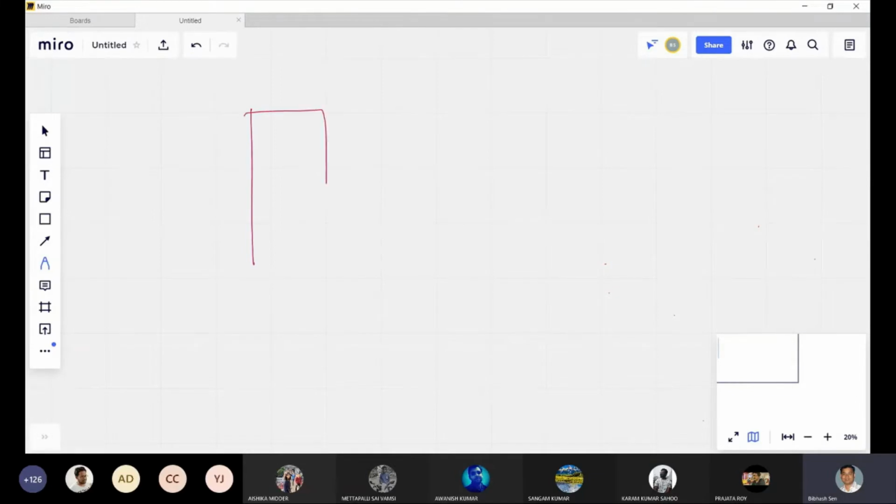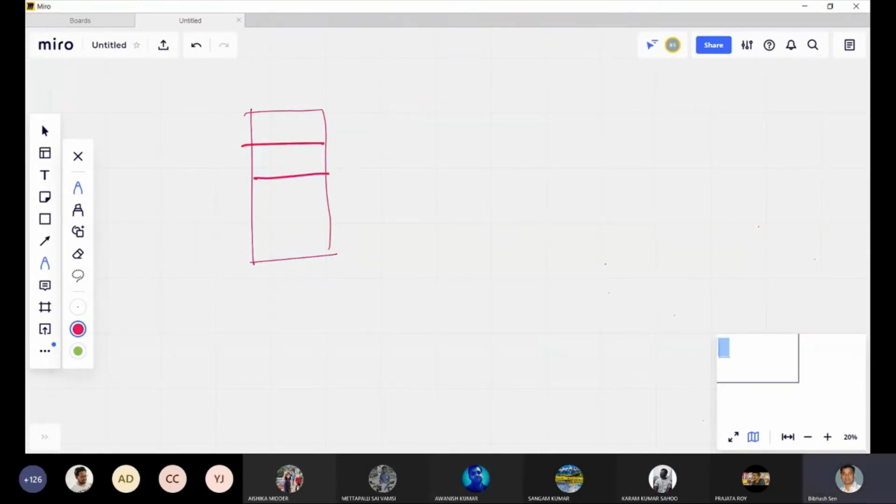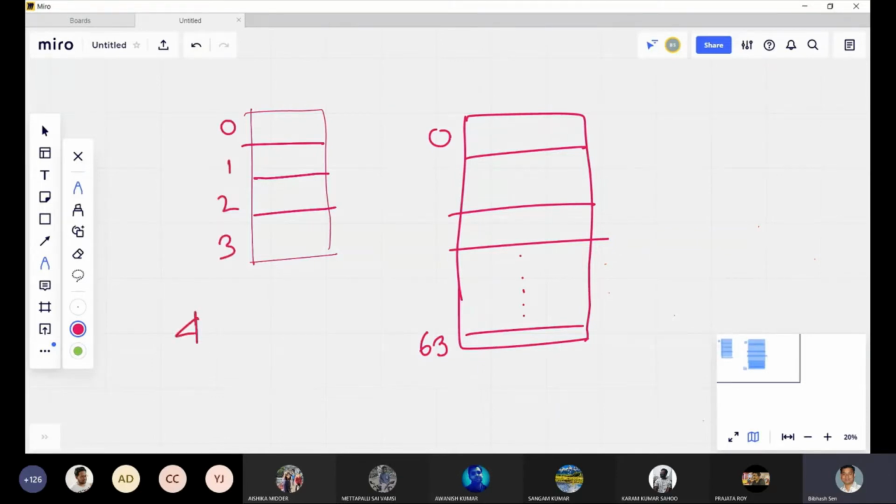Suppose you have some cache memory. So this is the cache. This is the main memory, suppose 0 to 63. Here 0, 1, 2, 3, 4 blocks.